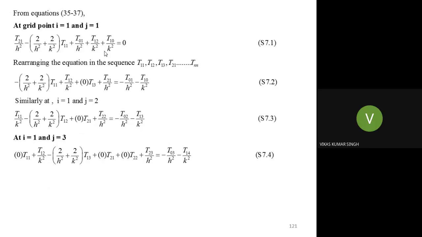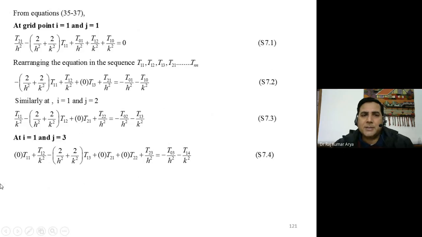Whatever is known needs to be taken to the right side, because those are treated as boundary. Whatever is unknown, keep on the left side. So if you arrange it, you will get minus 2 upon h square plus 2 upon k square times T11, plus T12. These are the only unknowns in this part.